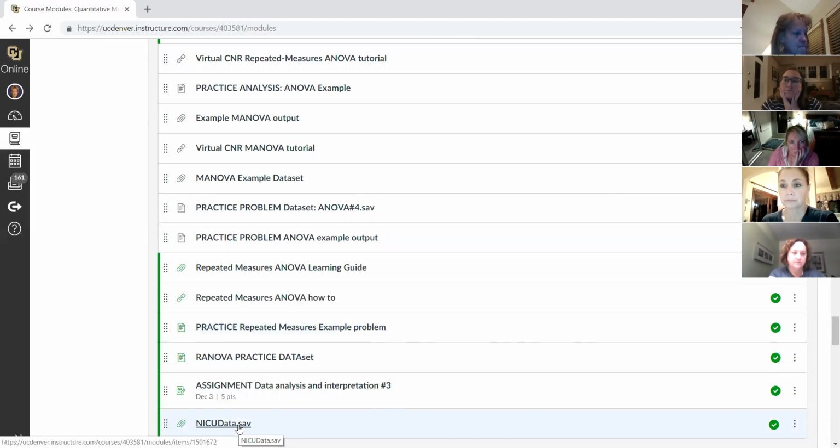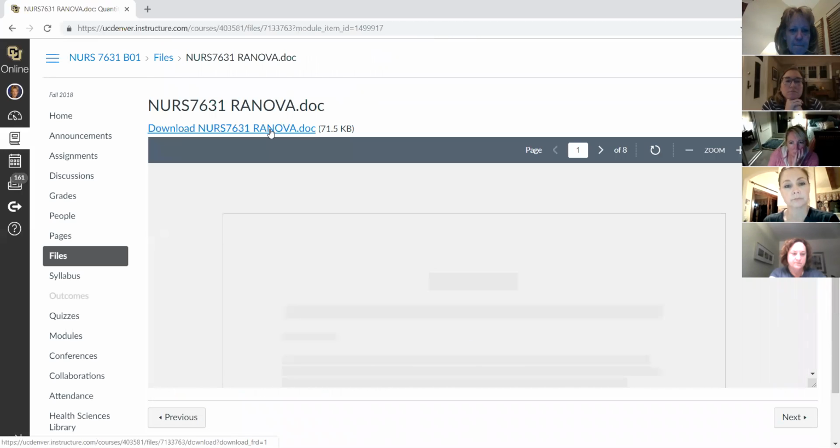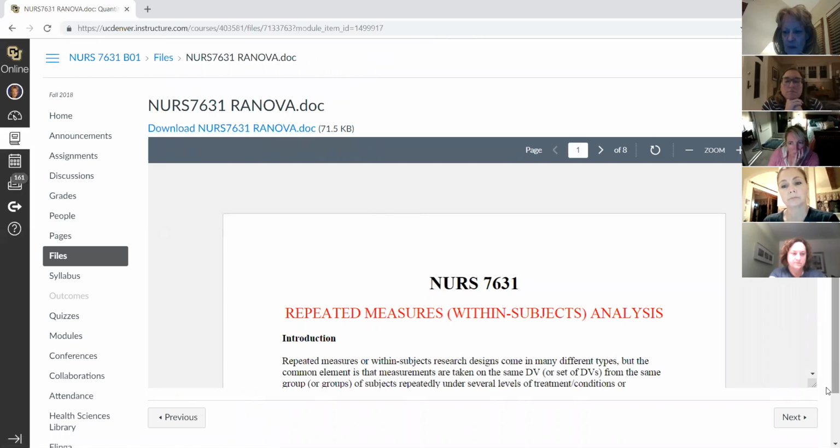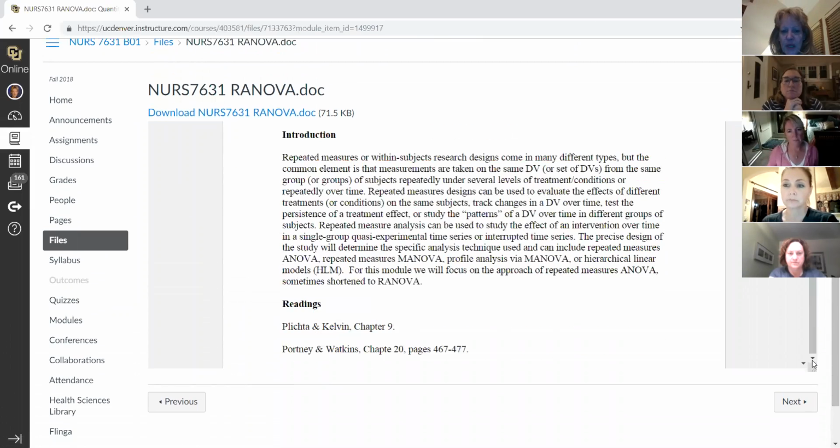And both of the textbooks and this learning guide have really good descriptions, and I can move to this learning guide and show. It tells you what this is about.